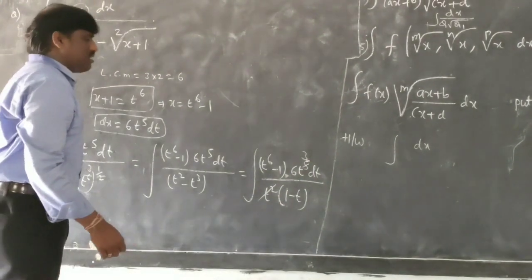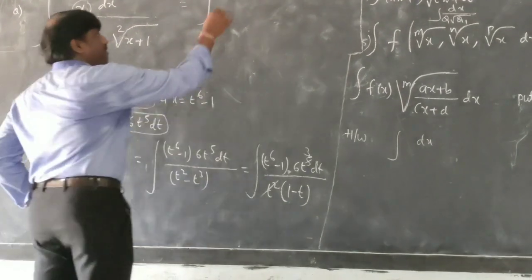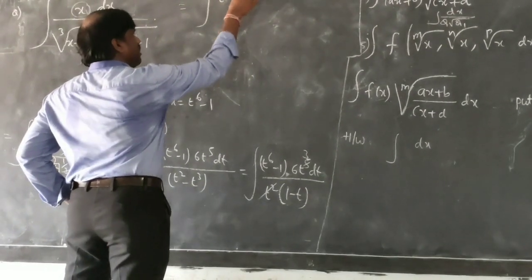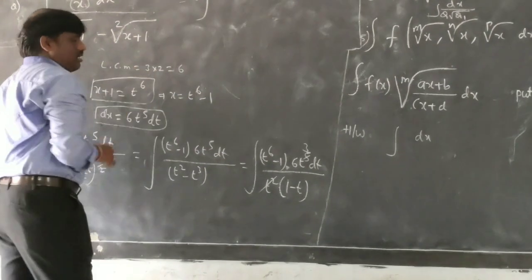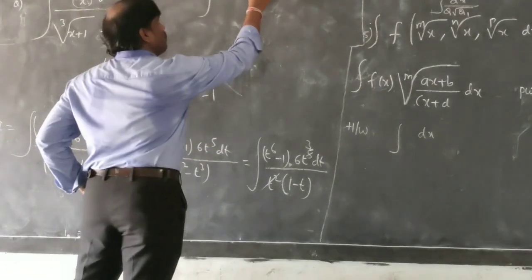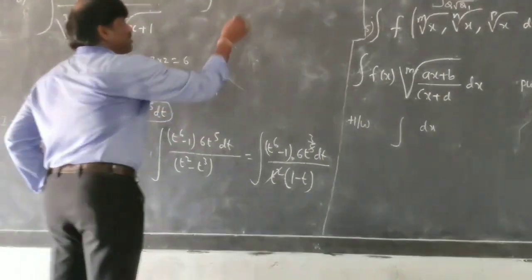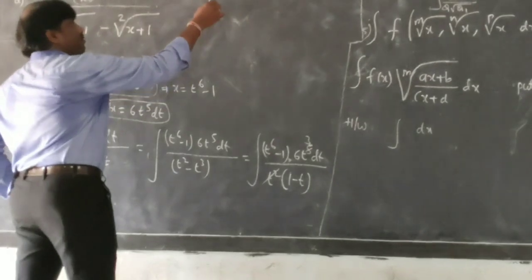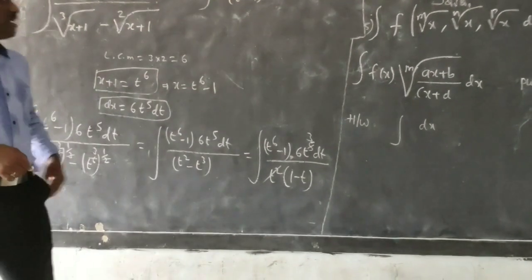Okay, this question is modified as integration of t power 6 minus 1 into 6 will take outside, and you get t cube dt upon 1 minus t. If I take minus common, t minus 1. What is my target here?